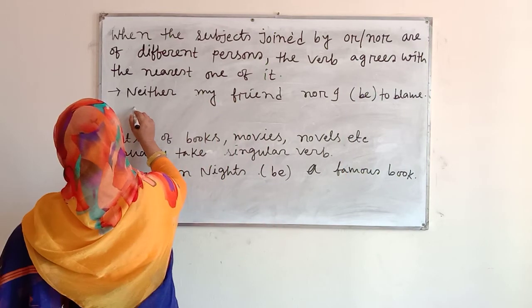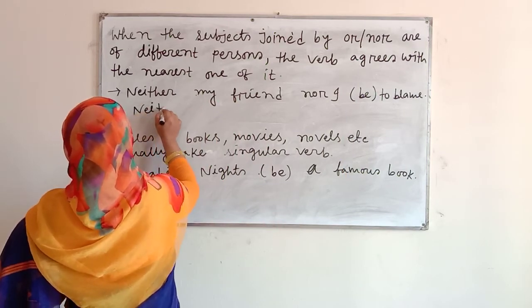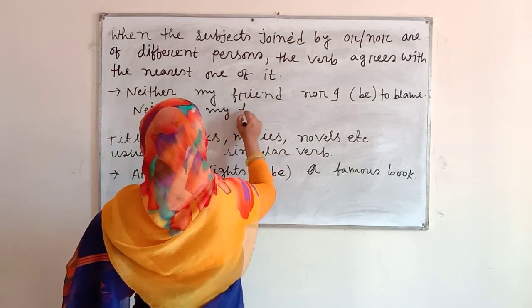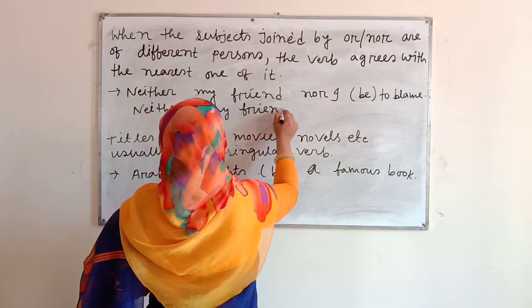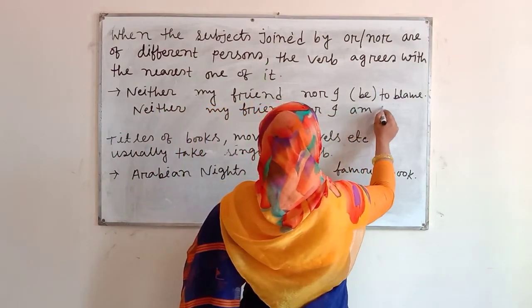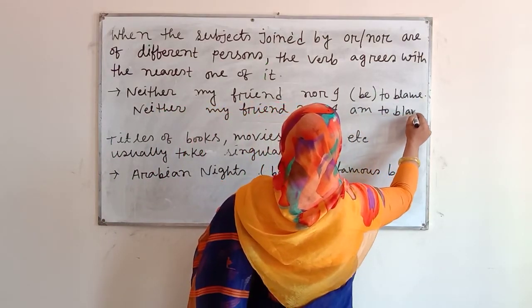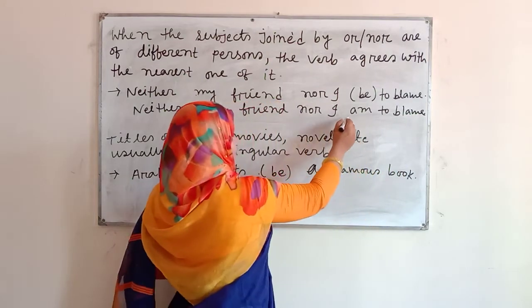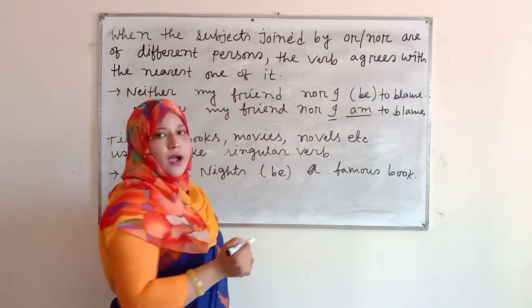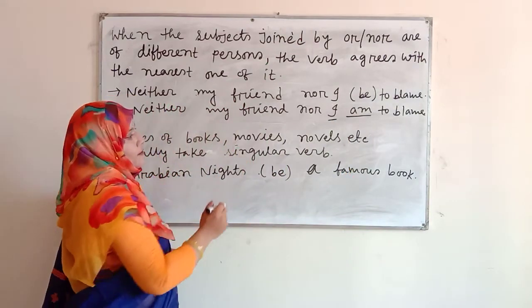Now our answer is neither my friend nor I am to blame. Students, we use am depending on nearest subject I, not my friend.